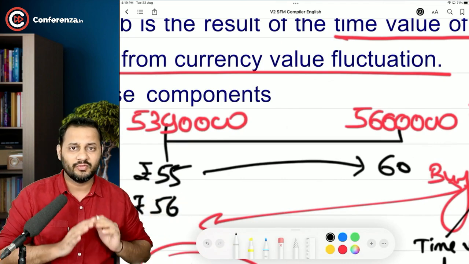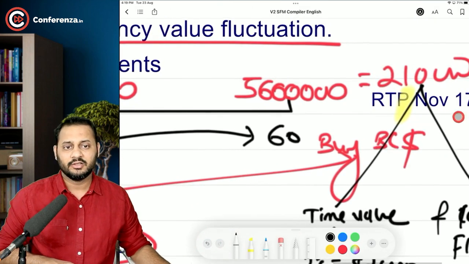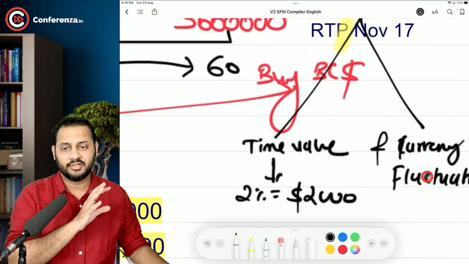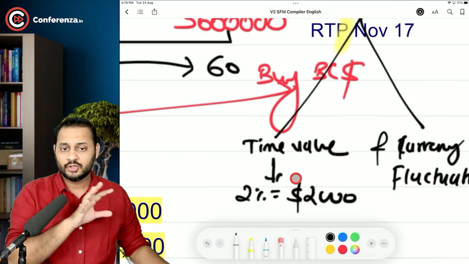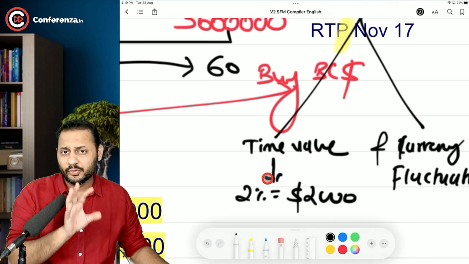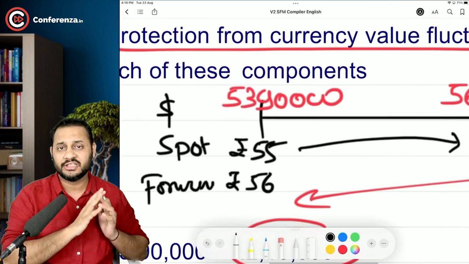You will not expect it to change. So whenever we are calculating the time value, the impact due to discount, we will keep all the other things same. That means we are not going to change the exchange rate.